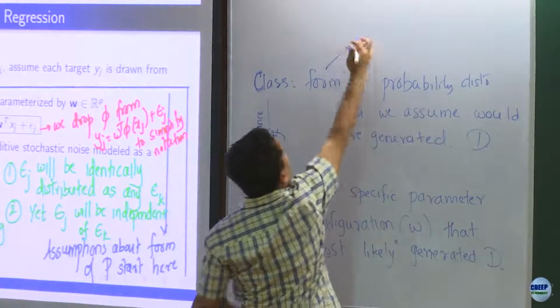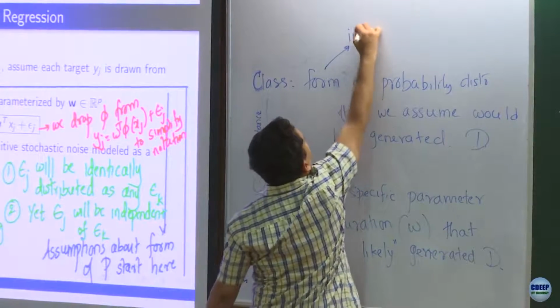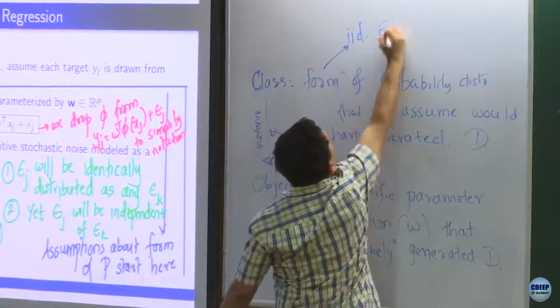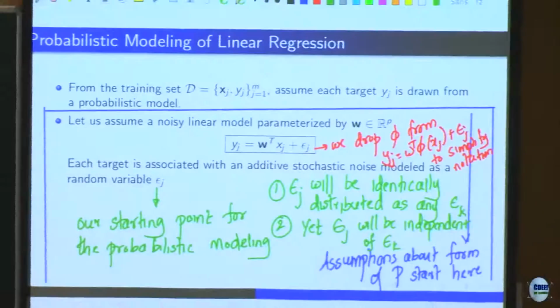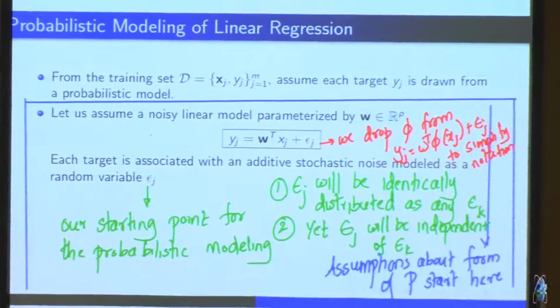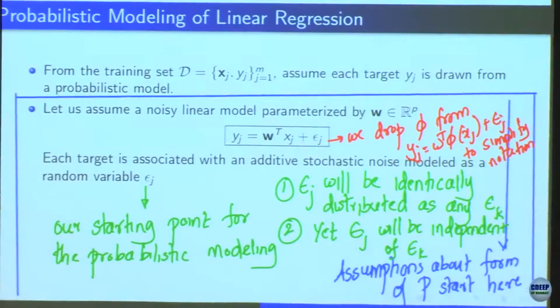Again, I will not be able to expand everything on board. So this is IID epsilon J's. IID is independent and identically distributed. These two together are abbreviated as IID.